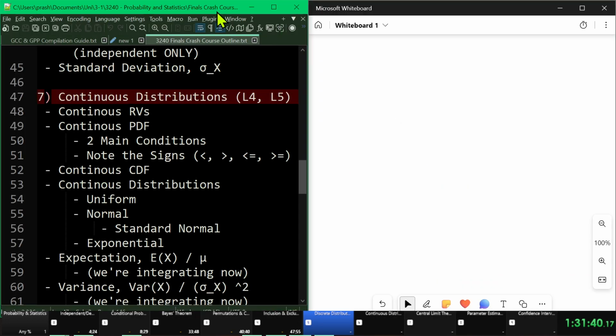Alright, so earlier we mentioned discrete random variables. Continuous random variables are a bit of a variation on that. Ideally, the idea behind it is still the same, the underlying idea.